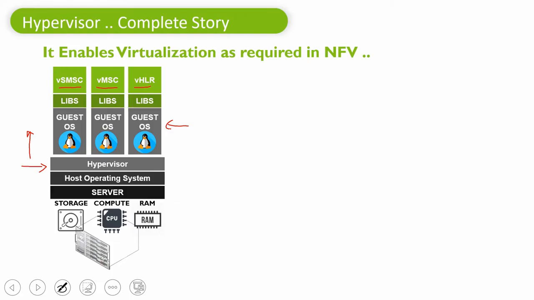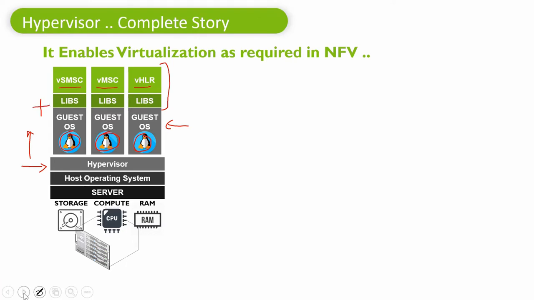It can be different from the actual host operating system. The VM also hosts the application and the supporting libraries. The application, in order to run, also requires a couple of libraries and dependencies. So a virtual machine is a combination of a guest operating system plus a couple of libraries, then the application piece.